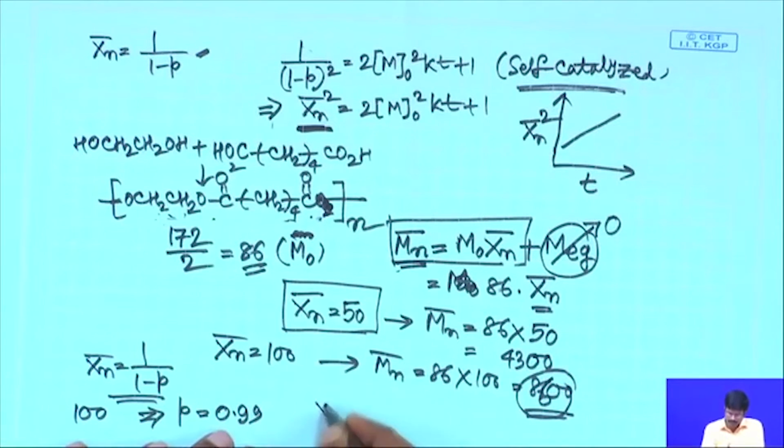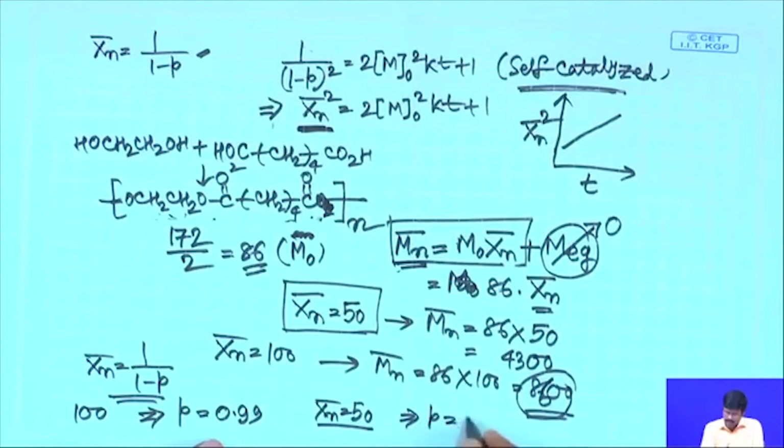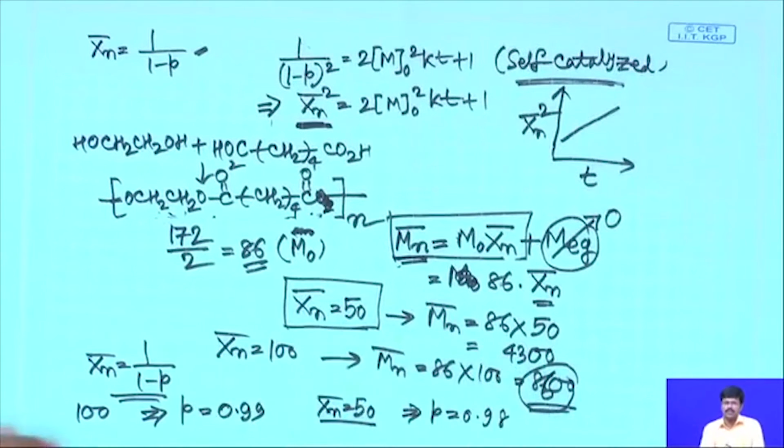What about Xn bar 50? If you put Xn bar 50 here, then your P becomes 0.98, and Xn bar 50 means your Mn bar is 4300. So you have a molecular weight of only about 4000, even if you have gone up to 98% conversion. When you go to 99% conversion, you have a molecular weight of 8600.